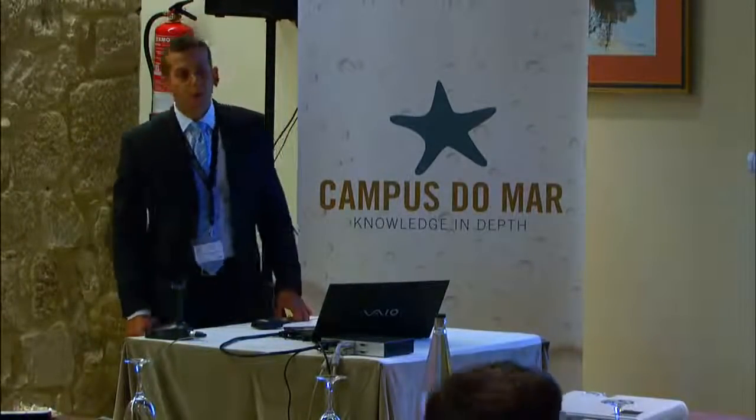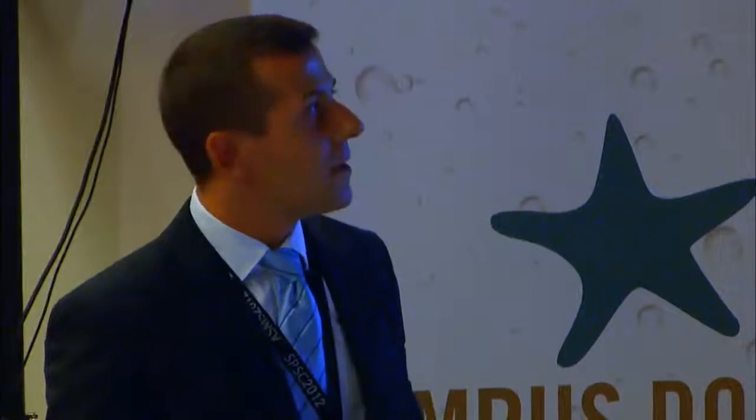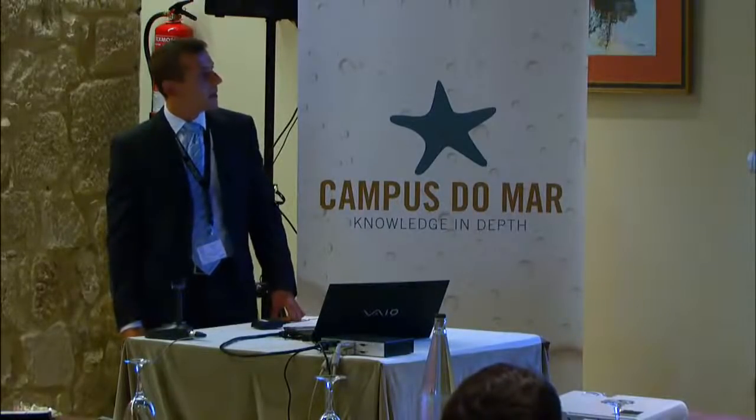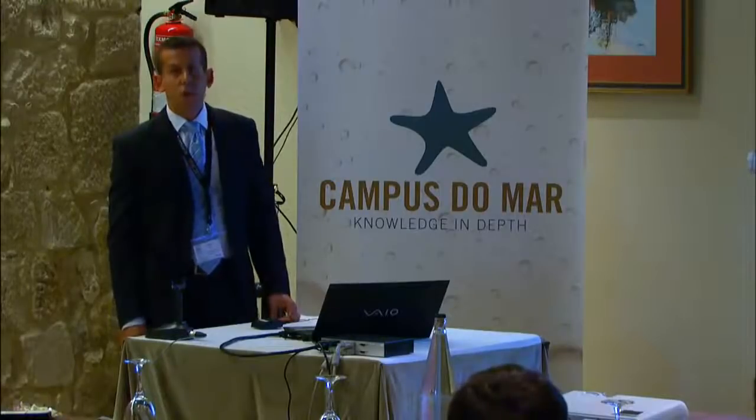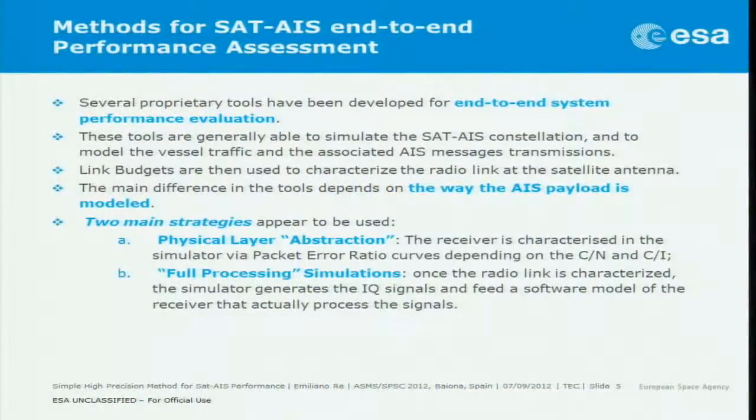Since Sat-AIS has been gaining momentum during the last years, we saw that different proprietary system simulators are available. These simulators usually have a common structure: every simulator is able to simulate the satellite orbits using some propagator.